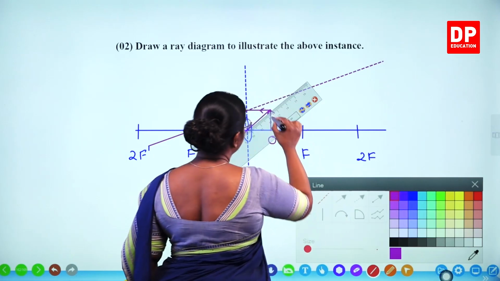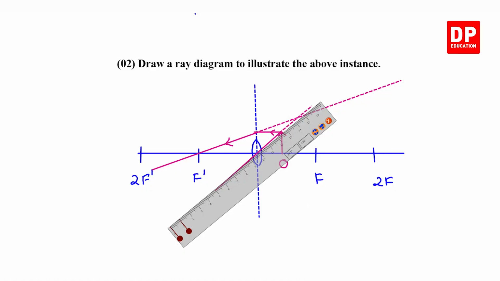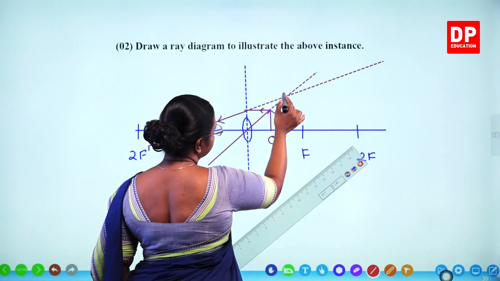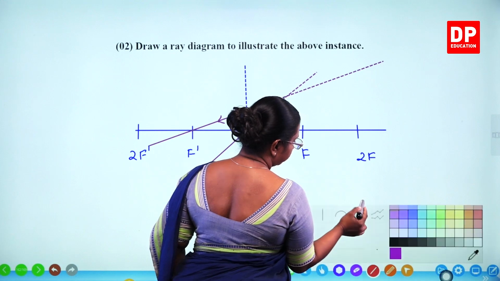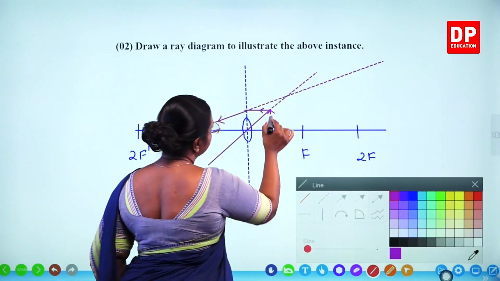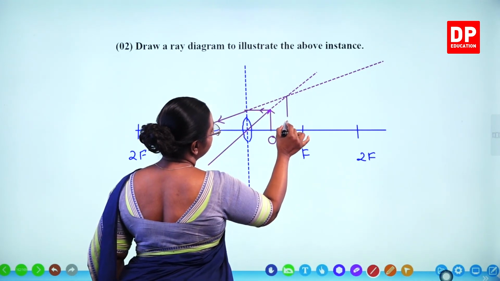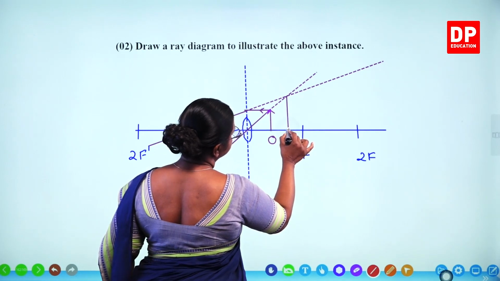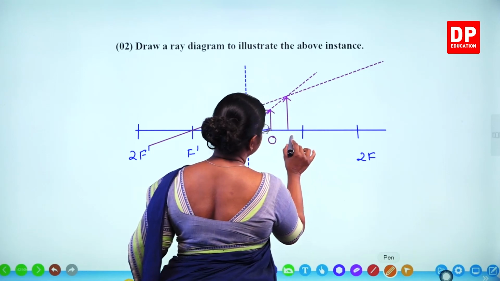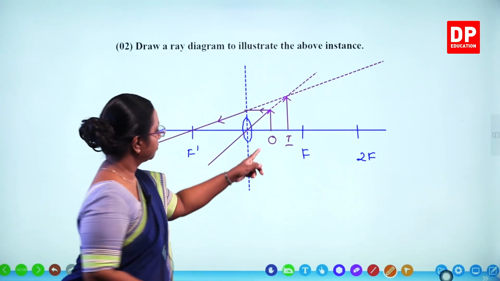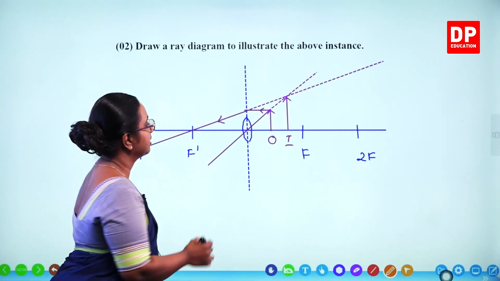So to do that, I will again use the broken line. Okay. So here we have the image forming there. So object is here, image is there.